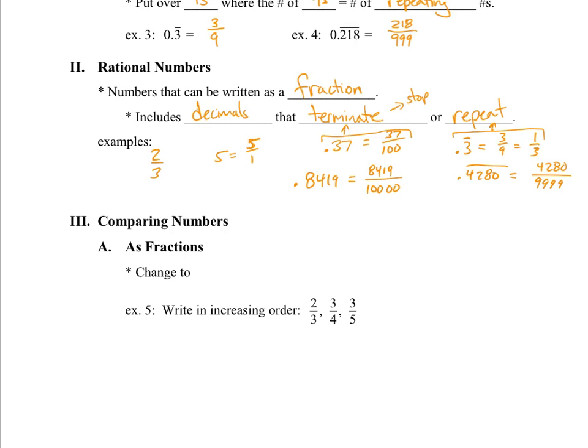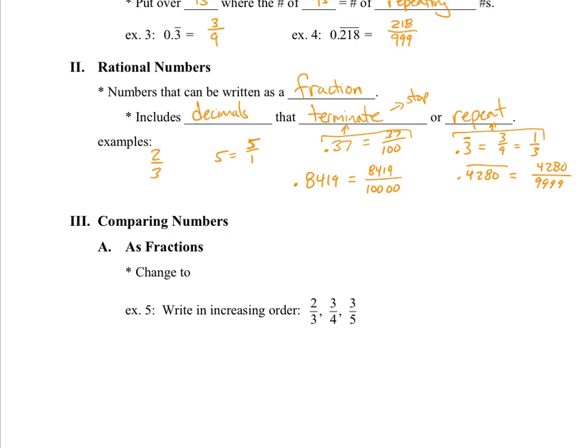Some numbers might repeat, but there's no pattern to the repeating. Like 4280, when it repeats, it's 0.4280, 4280, 4280, 4280. Pi is 3.14159, blah, blah, blah, goes on forever. It's all based on circles and all that other stuff. Somebody way smarter than me figured it out.